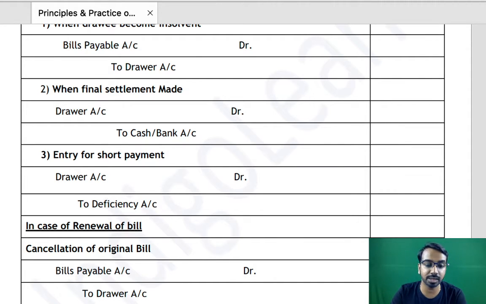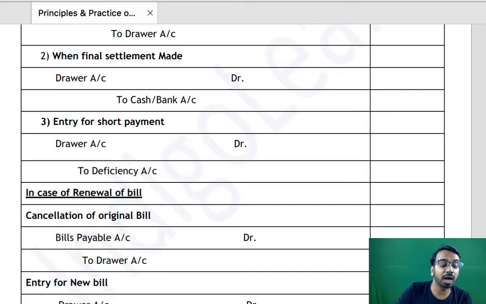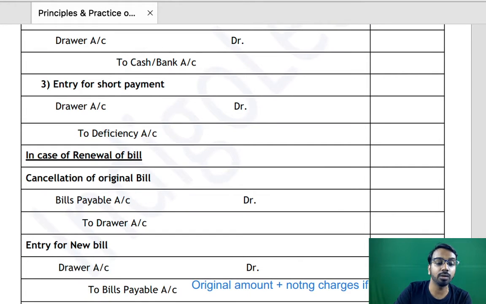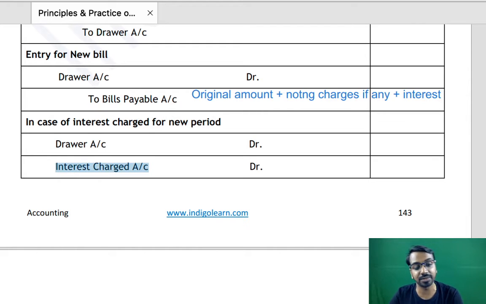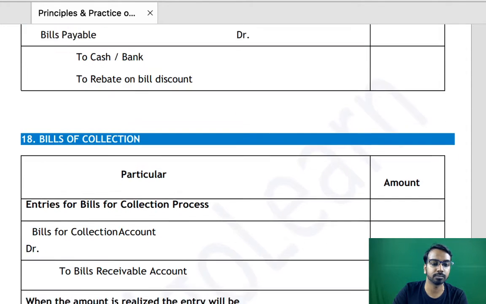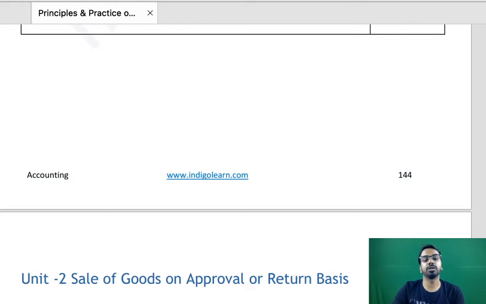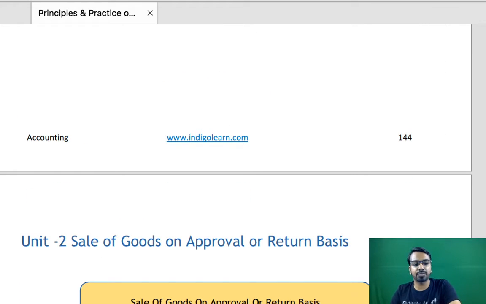So what will be the interest? Interest will be an expense, so you will debit interest account, you will debit the drawer account, and you will debit the bills receivable account. Right? So these are the important points from the bills receivable chapter.